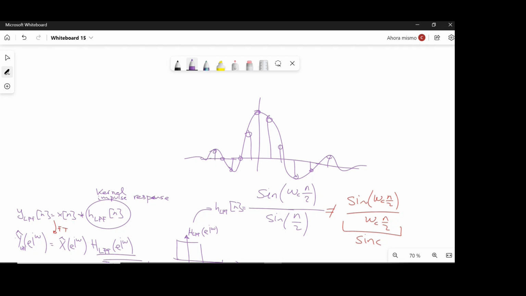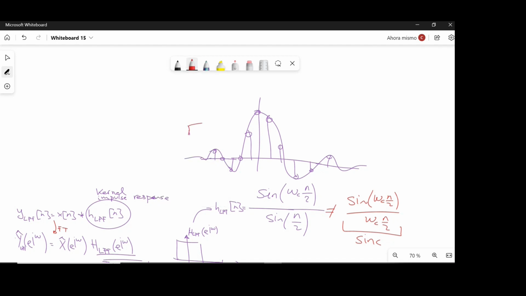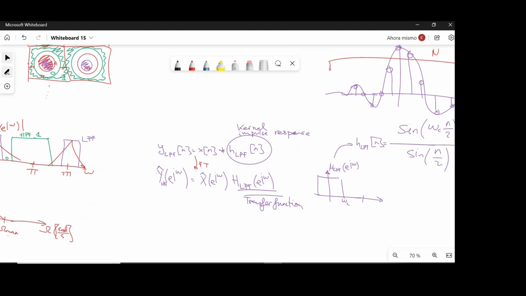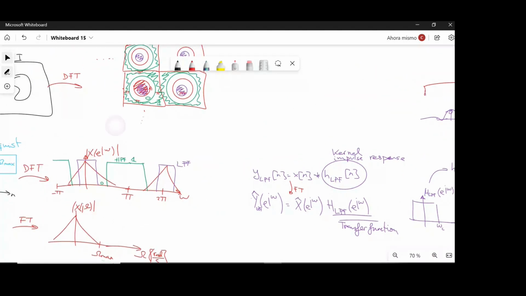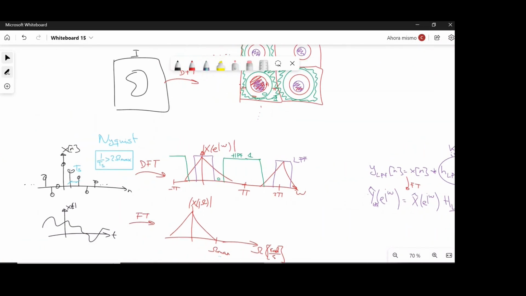So let's say that this is our unit copy, and then it is periodized, because the discrete Fourier transform is periodized. So when we make this discrete Fourier transform, this one is periodized. The FFT is doing that.